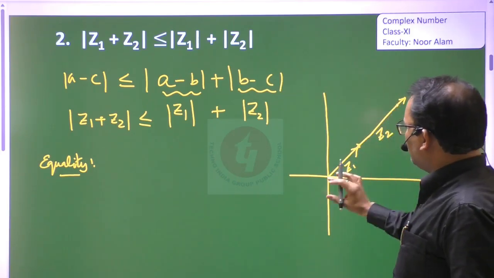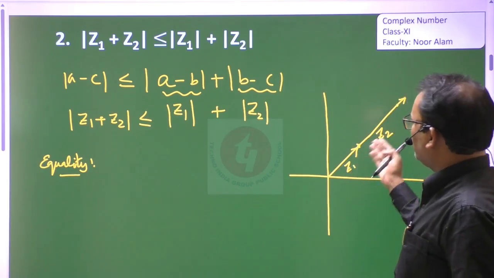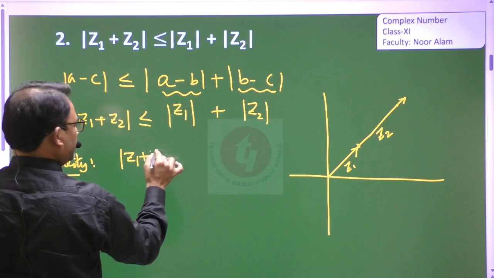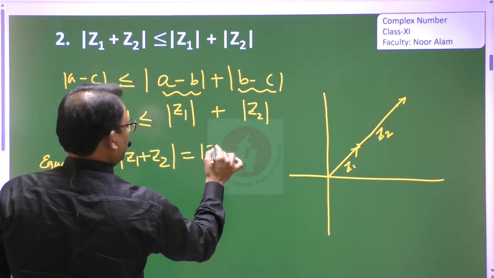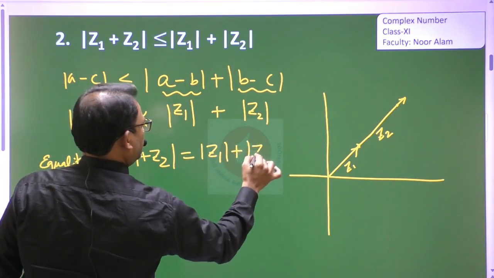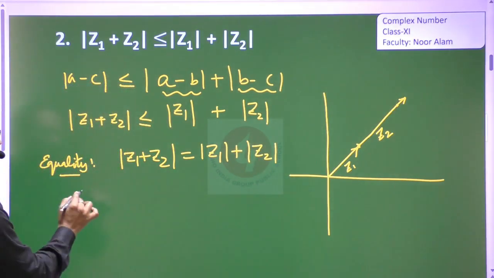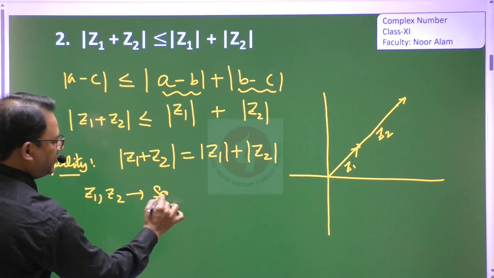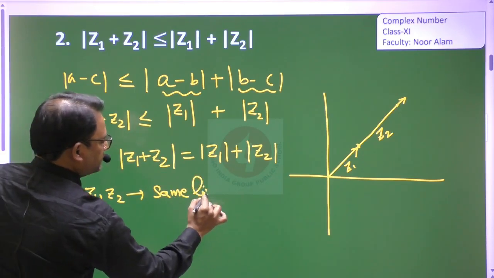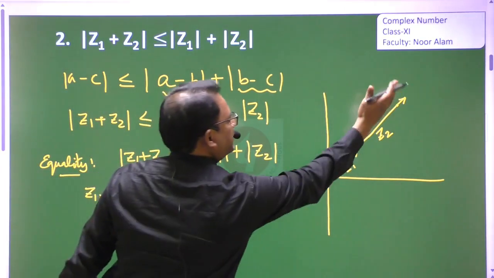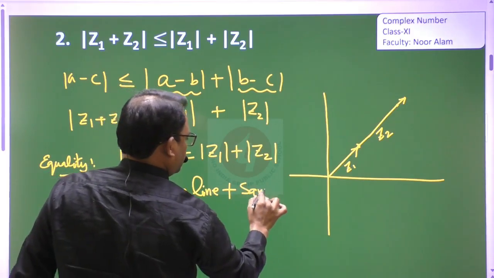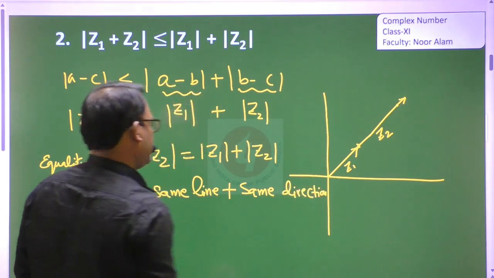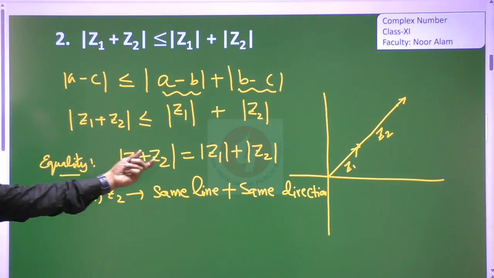So in this case, if you add them you will get the equal to sign: mod of z1 plus z2 is equal to mod of z1 plus mod of z2. The condition is that the complex numbers z1 and z2 will be on the same line plus they have the same direction. If we satisfy these two conditions, then the equal to sign will happen.